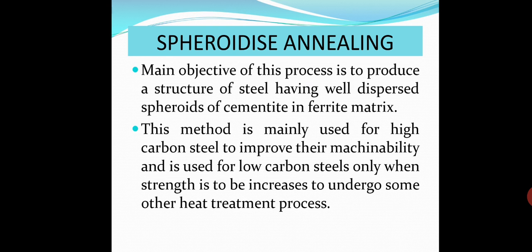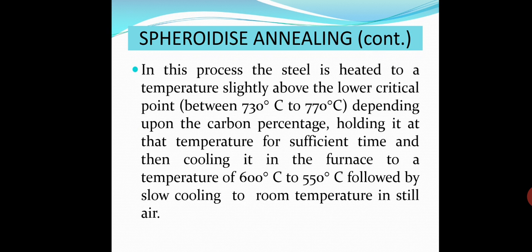Process annealing was used for low carbon steel and mild steel, whereas spheroidized annealing is used for high carbon steel to improve their machinability, and is used for low carbon steel only when strength is to be increased or it has to undergo some other heat treatment process.